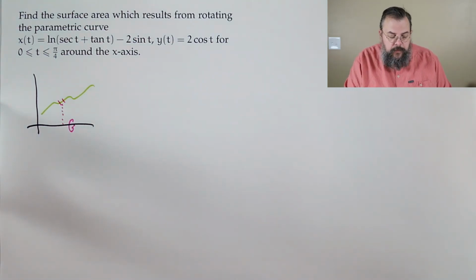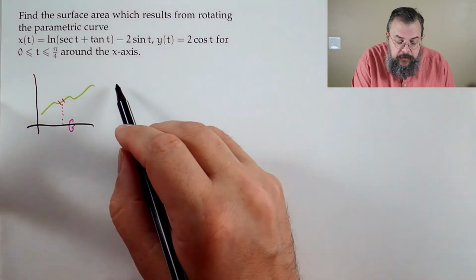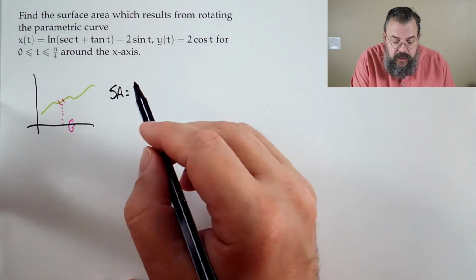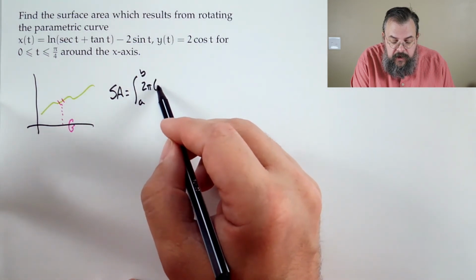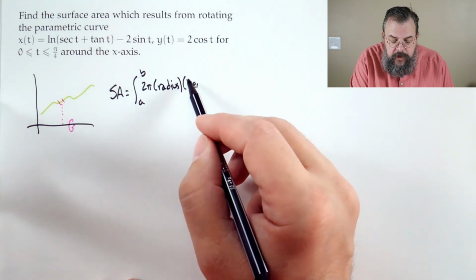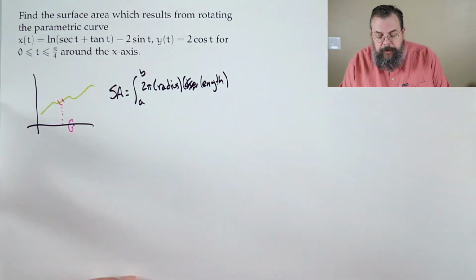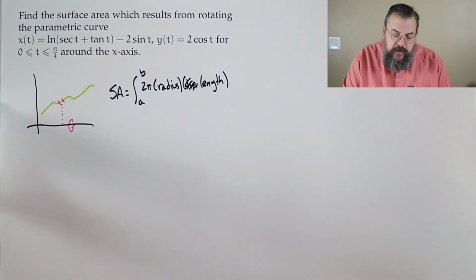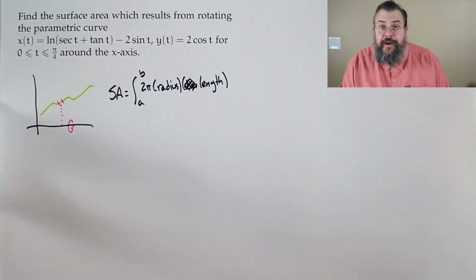And our generic formula says that surface area is going to be adding up, start to finish, 2 pi radius and length. All right, now, generic formula in place, we're ready to get to work.